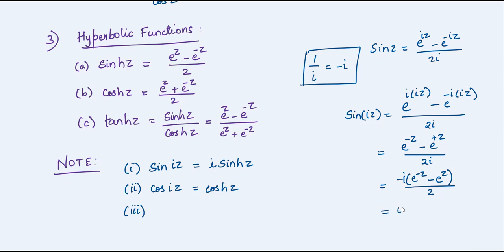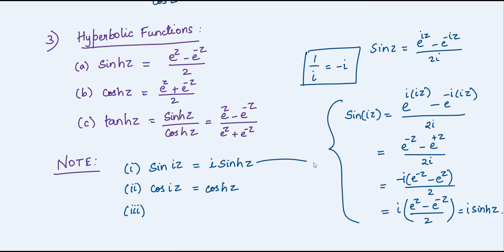Take this minus sign inside, you get e power z minus e power minus z by 2, which is the hyperbolic function. So this whole thing is a proof for this statement. Similarly, we can show that cos of iz, you don't have the i term, so you will get cos hyperbolic z.